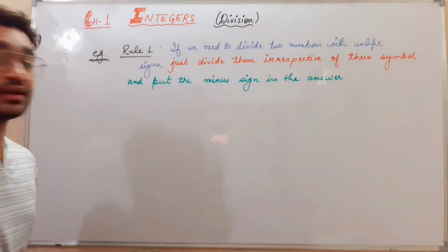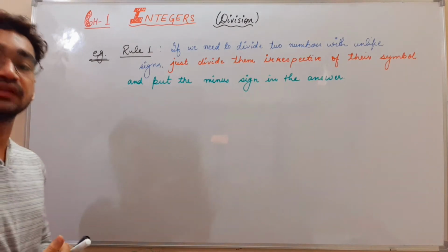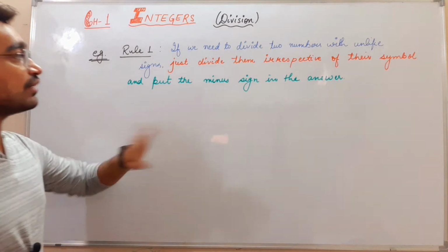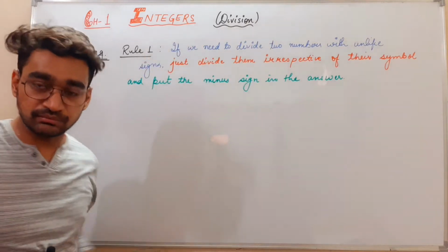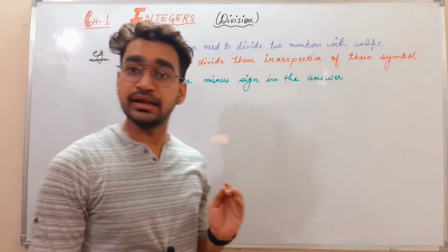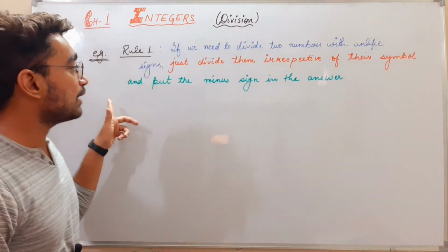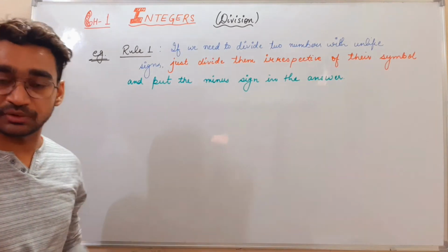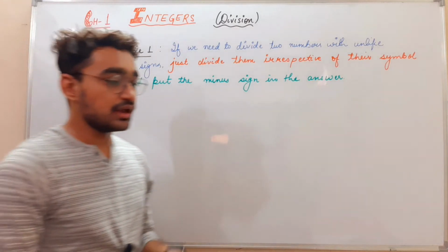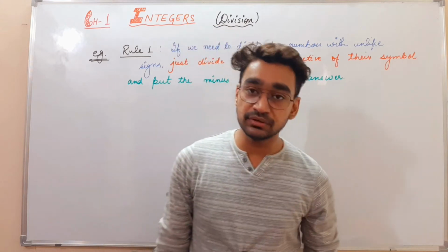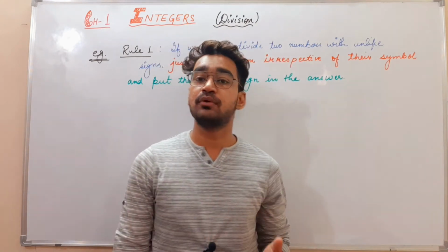Means if we need to divide two unlike numbers, one is a positive and other is a negative one, we need to divide them. Just divide them irrespective of the symbols. Just divide them as normally as you are doing, but put the minus sign in the answer. What if we need to divide two like numbers? Like number means both are negative or both are positive.